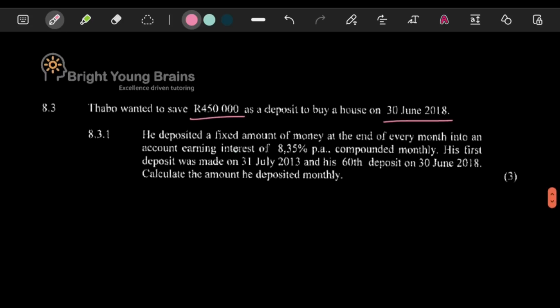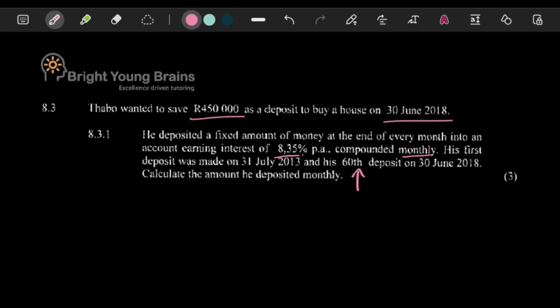Then he says he deposited a fixed amount of money at the end of every month into an account earning interest at 8.35% per annum compounded monthly. His first deposit was made on 31 July 2013, and his 60th deposit on the 30th of June 2018. Calculate the amount he deposited monthly.